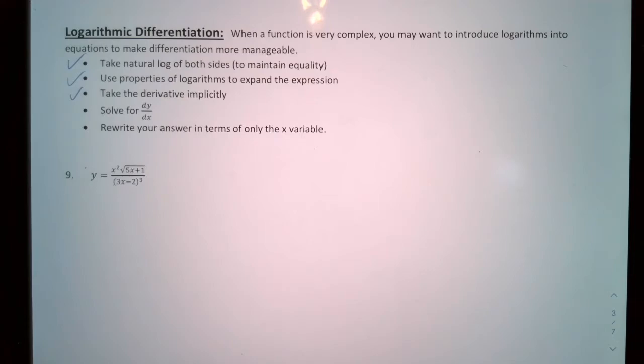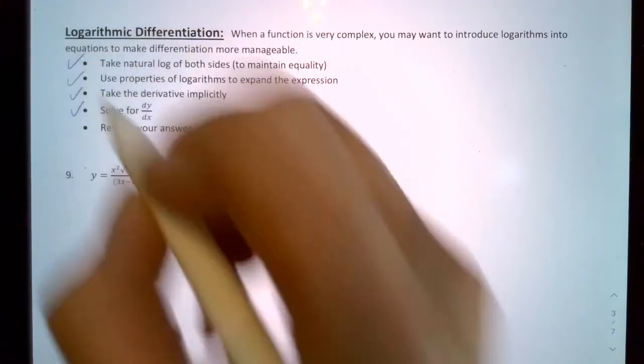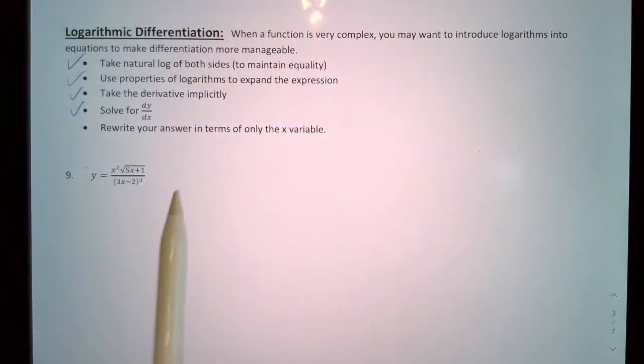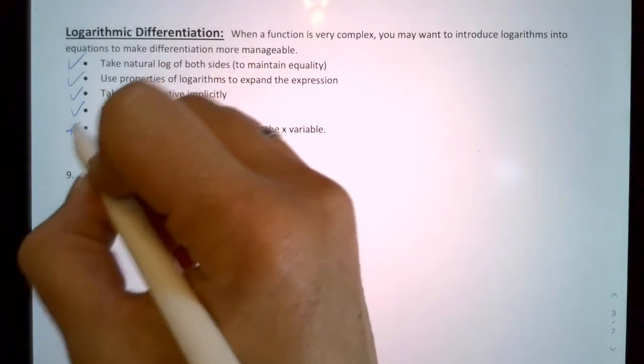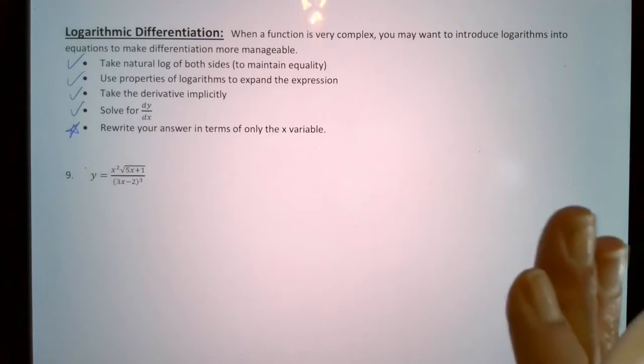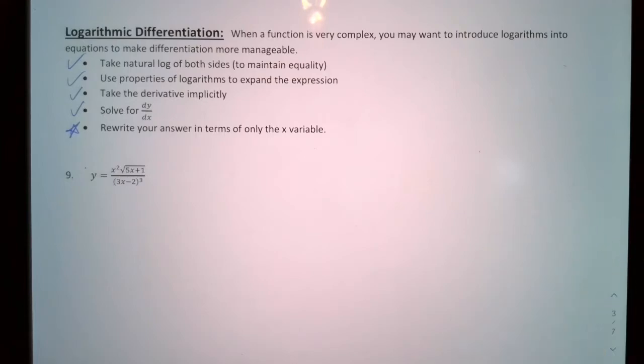And then I'm going to solve for dy/dx as I do in any implicit differentiation scenario. And then because your equation was all explicitly defined in the x variable, I should be rewriting my answer in terms of only x. So if you had a truly implicitly defined equation, you could have x's and y's in your derivative.